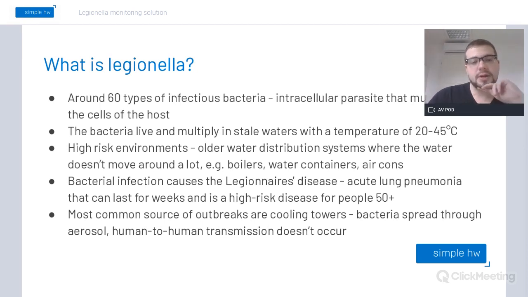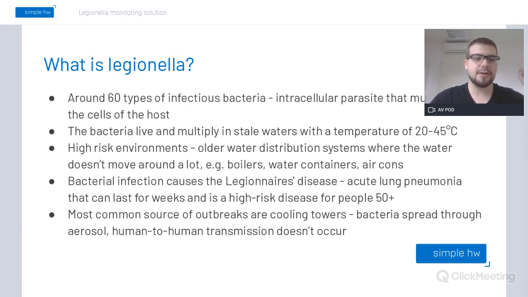When it comes to the environments, so still waters, the bacteria usually grows in older water systems, let's say water filtering systems, water distribution systems, old buildings, and so forth. The bacteria grows very fast.